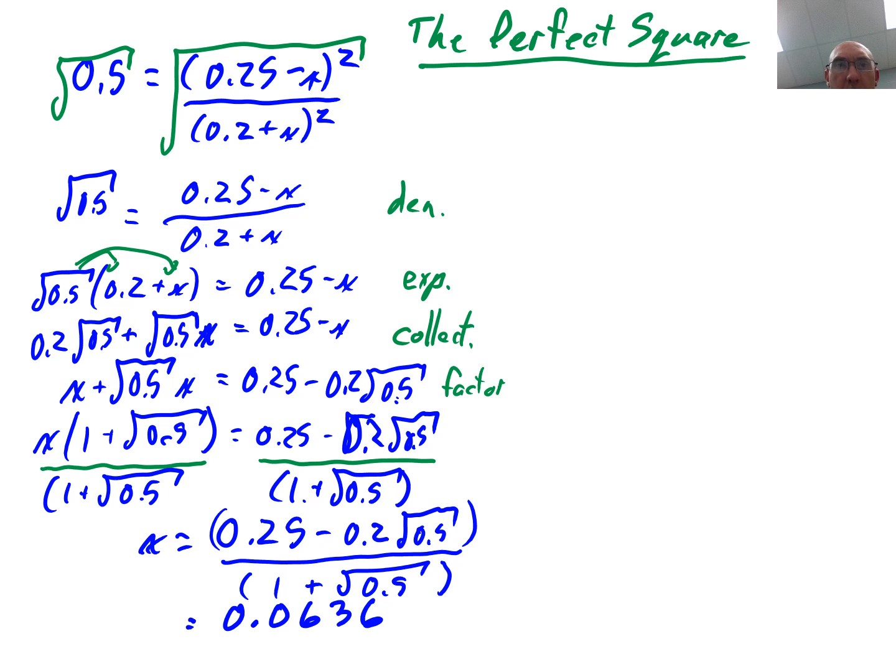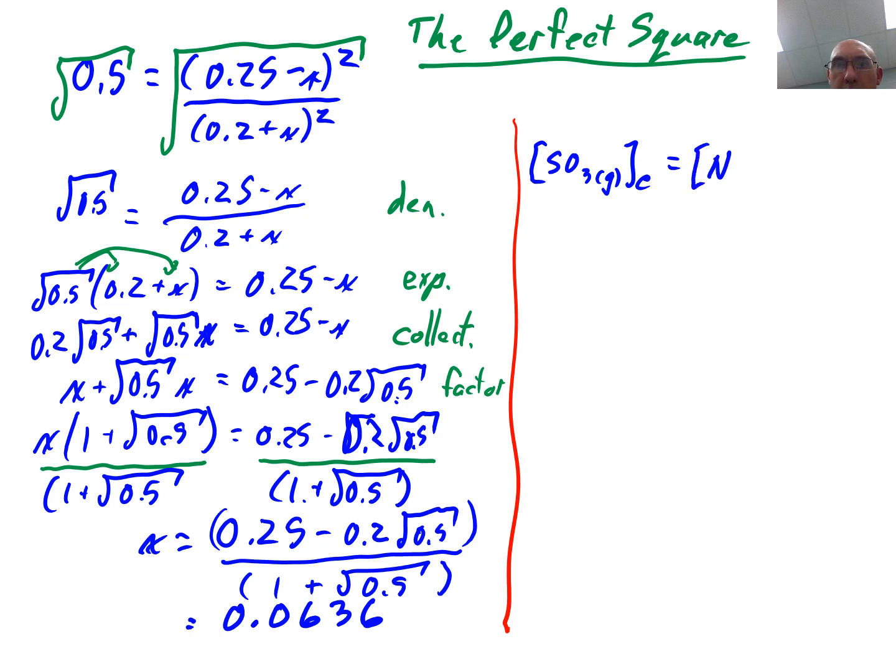Now, because of the limitations of this software package, it's hard for me to go back a slide. So what I'm going to have to do is over here on the right hand side, I'm just going to address where we go from here. We're going to go back to the expressions, and we see that the concentration of SO3 gas at equilibrium, which is exactly the same as the concentration of the NO gas at equilibrium, had the expression 0.2 plus x.